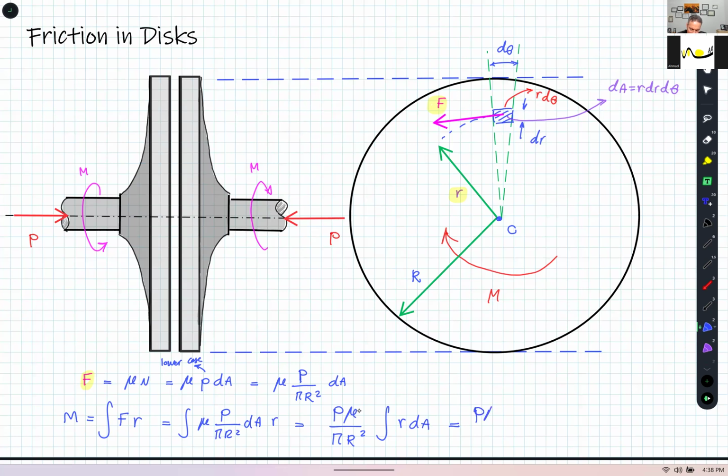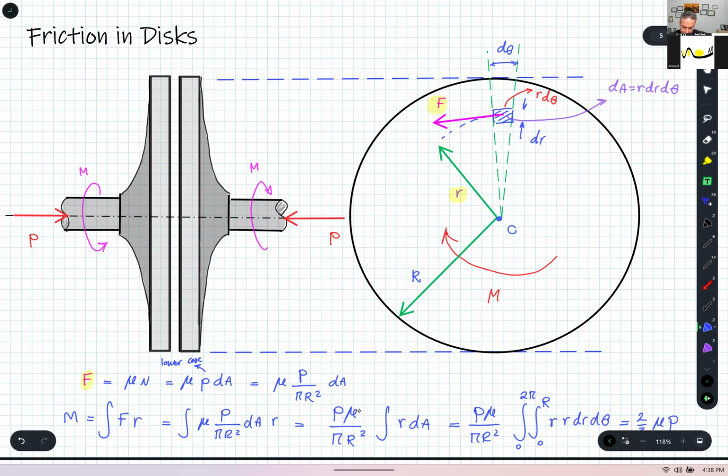Now I can write this integral as a double integral of r dr d theta, where r is from 0 to r and theta is from 0 to 2 pi to cover the entire surface. And this gives me 2/3 mu P r.